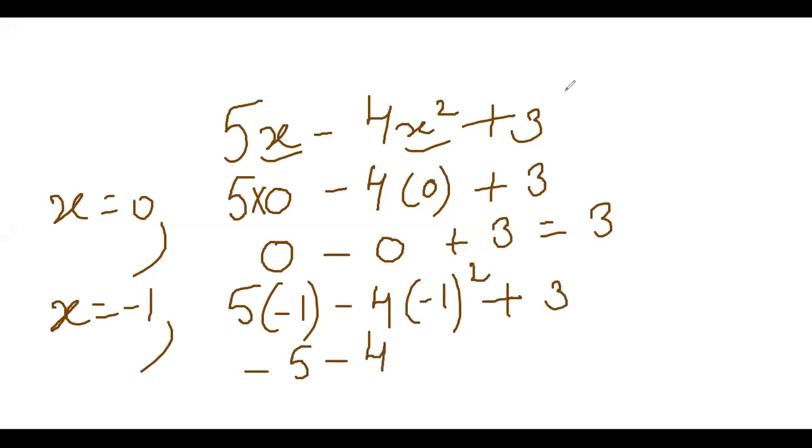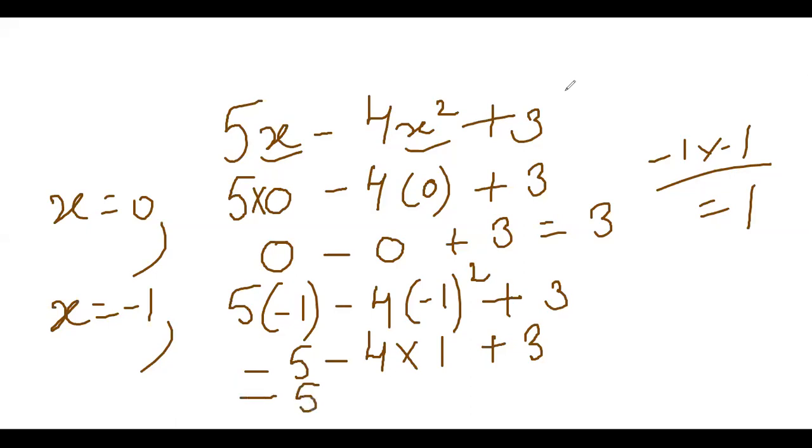Minus 4 into minus 1 square means minus 1 into minus 1, that is 1. Because power is even, so it will be positive. Plus 3, right?